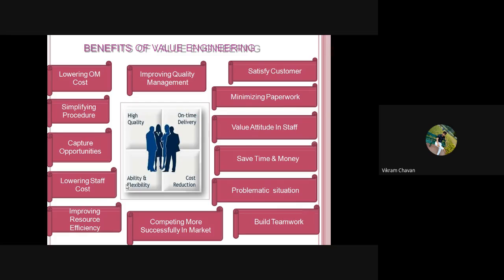Okay, so these are the benefits of value engineering. Is there any problem, any question you can ask?